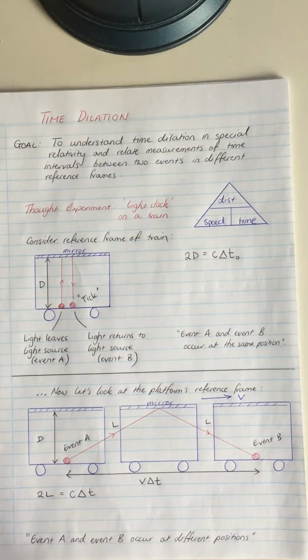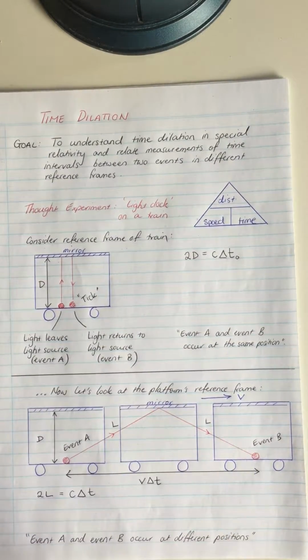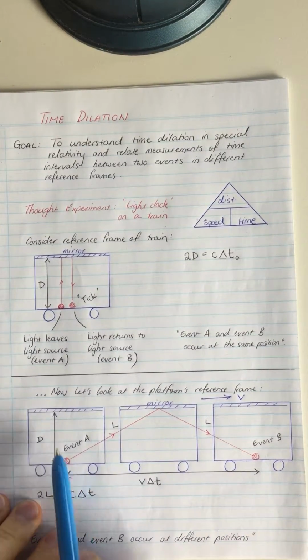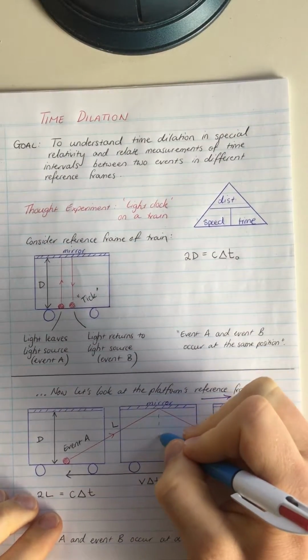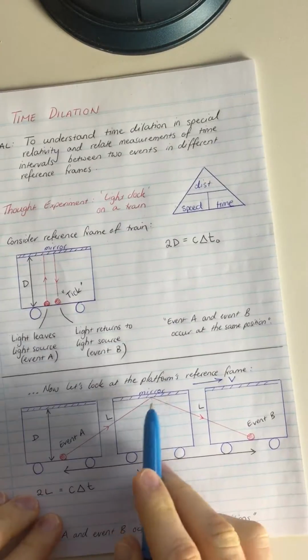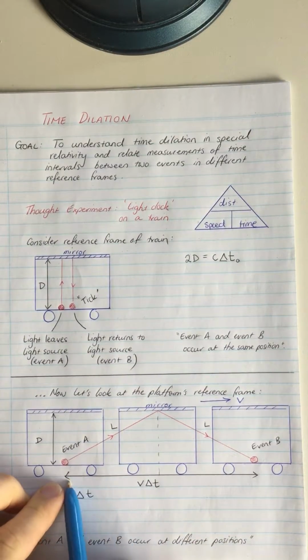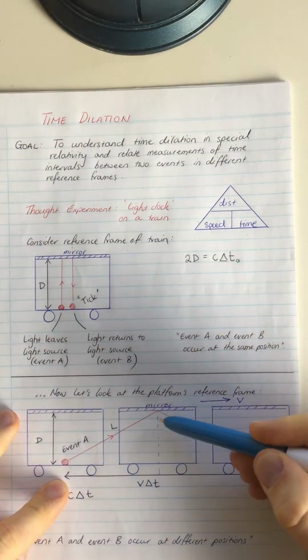So we've got this relationship. The other relationship that we can use is using Pythagoras, to relate this length to D and to what we have here. So if you just imagine this triangle, this length is going to be V delta T divided by 2 because it's half of that.